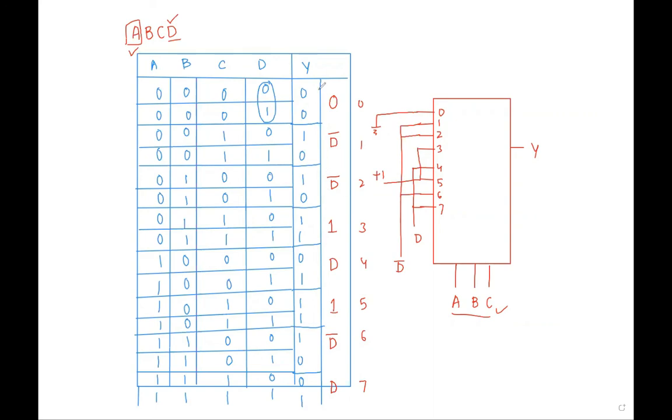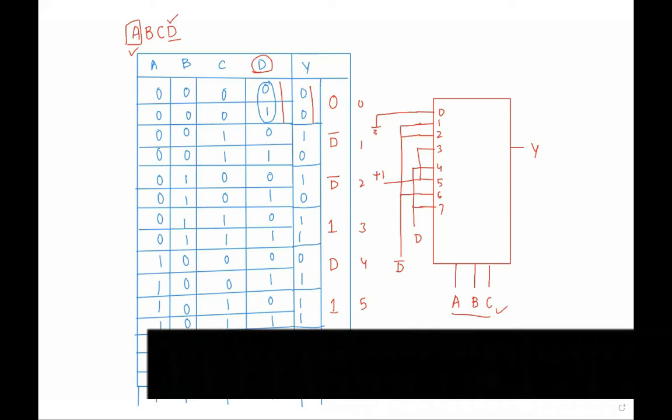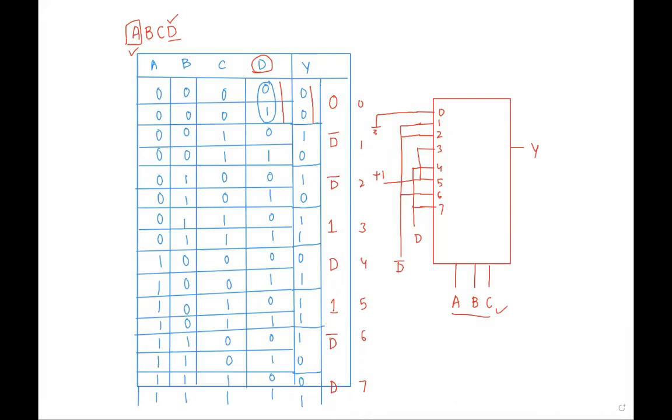So the first thing is to draw the truth table, then select the D column, look for variation in output by changing D, list down all the things, and just put these values in these numbers, and your system will be realized using a multiplexer.